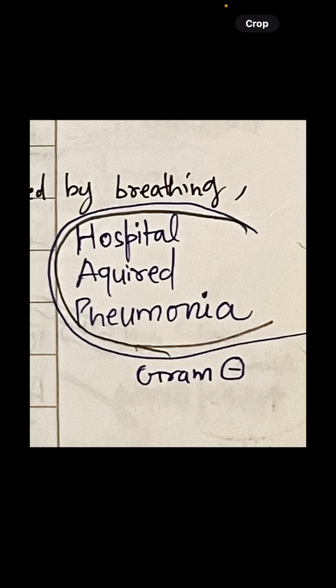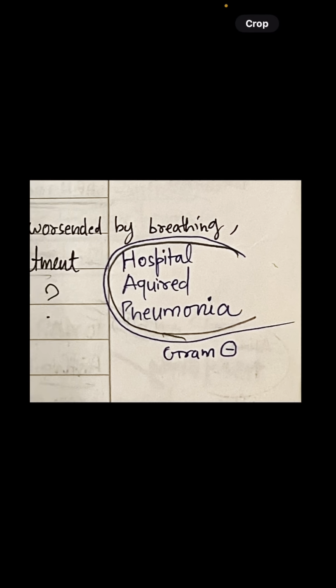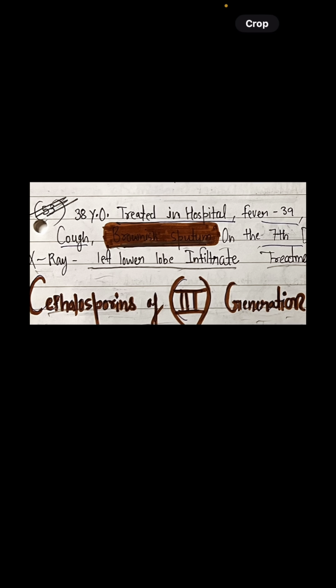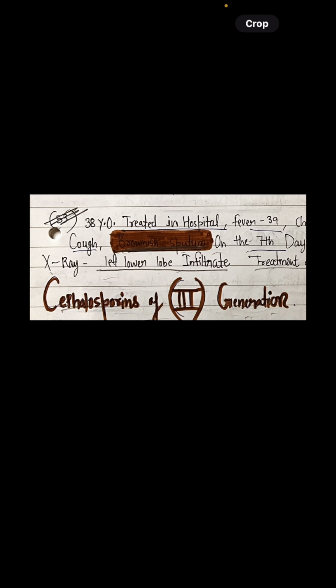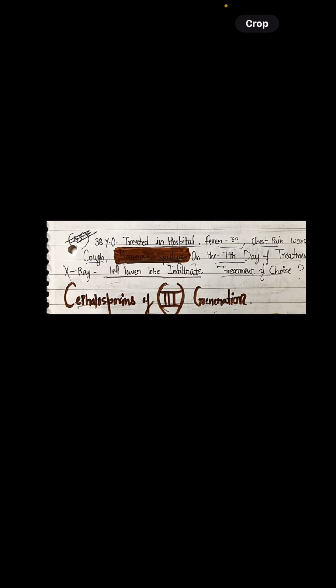As we saw, this is the second question. So this is a case of hospital acquired pneumonia. In cases of hospital acquired pneumonia, prefer the answer cephalosporins of third generation. These are the questions which I saw in the Krok exam for the choice of treatment.